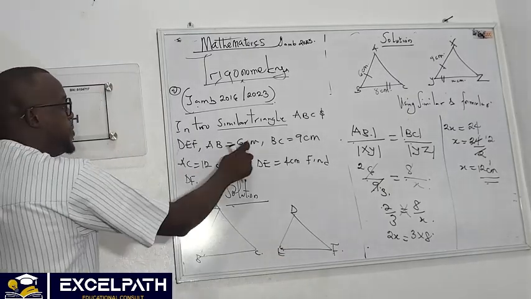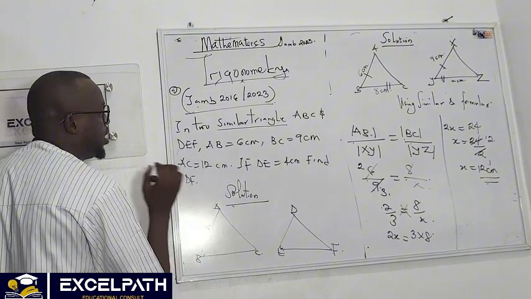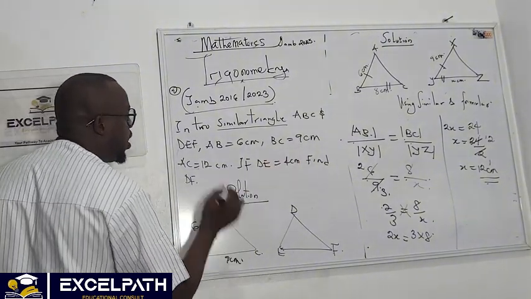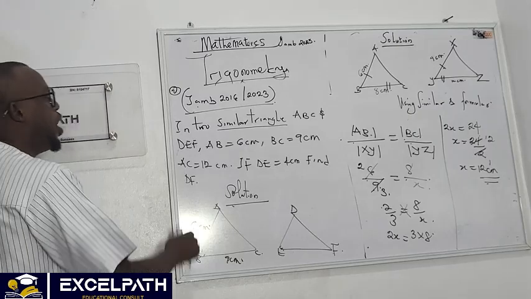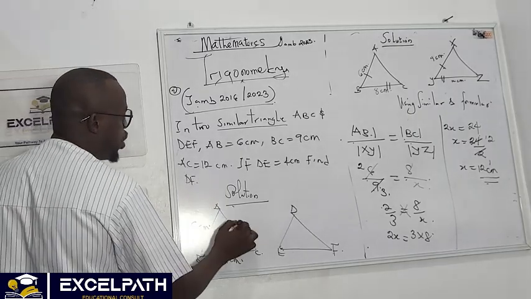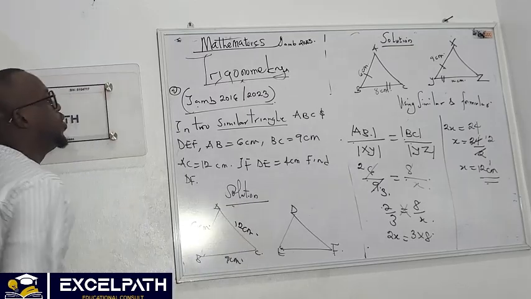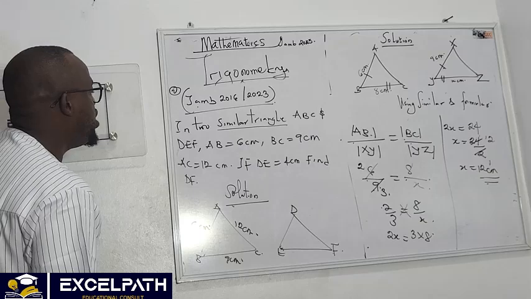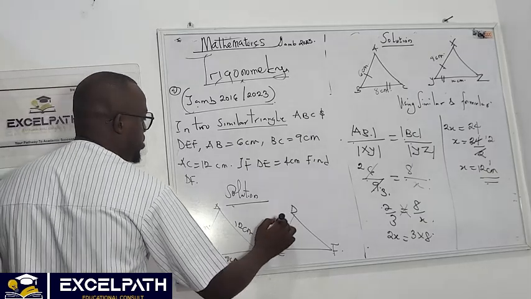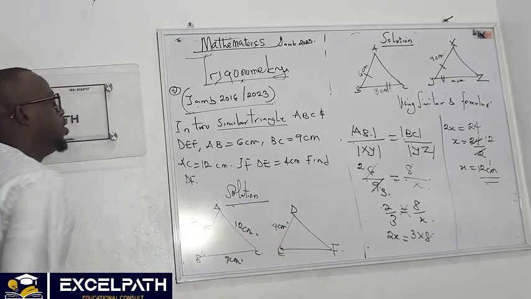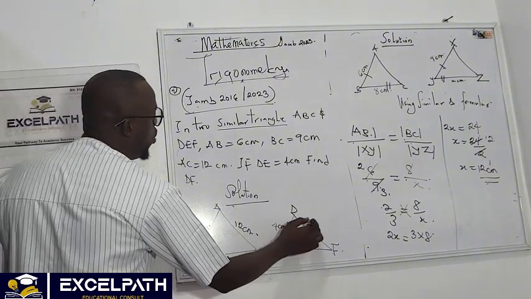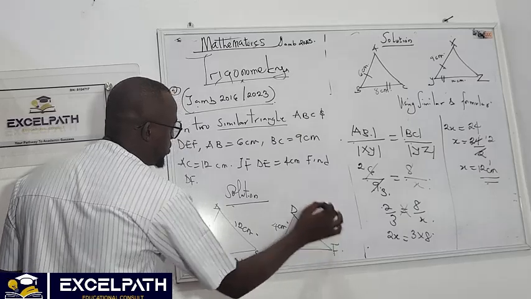AB is 6 centimeters, BC is 9 centimeters, AC is 12 centimeters, DE is 4 centimeters, and DF is what we don't know. Let's call it x.